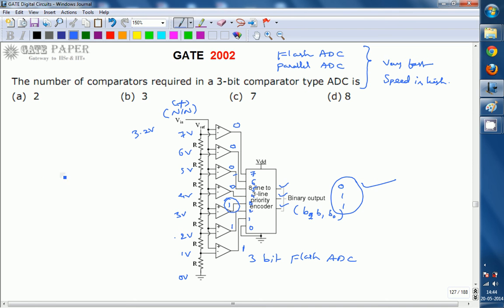Internally, an n-bit flash ADC requires 2 power n minus 1 comparators.